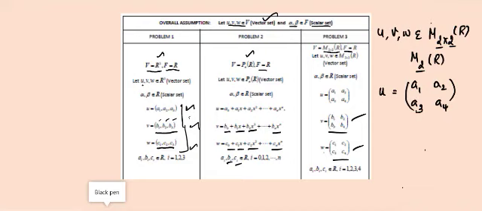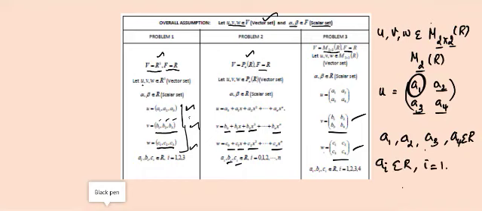Apart from that, the very important thing is where we are picking these 4 elements from. We are picking them from real numbers. In simple form we can write Ai belongs to R, where i equals 1, 2, 3 and 4.